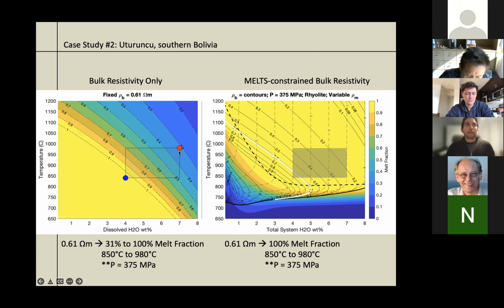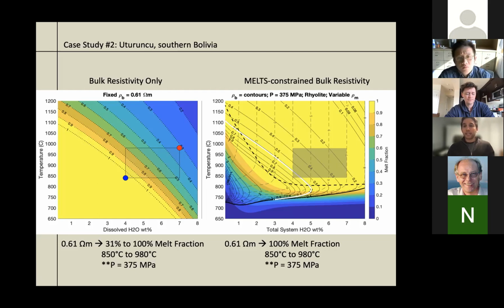So I guess the inconsistency occurs because you're implicitly assuming that the mixing relation and the melt resistivity relationships are independent.